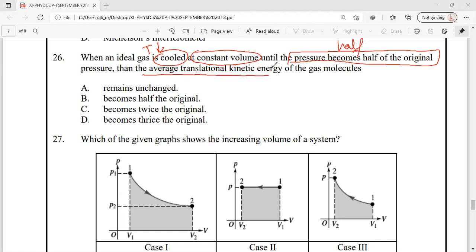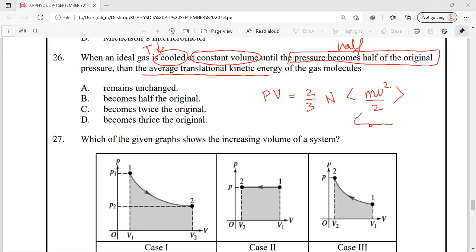So if we recall the formula relating pressure, volume, and kinetic energy of the gas, PV equals 2/3 N mv squared upon 2.